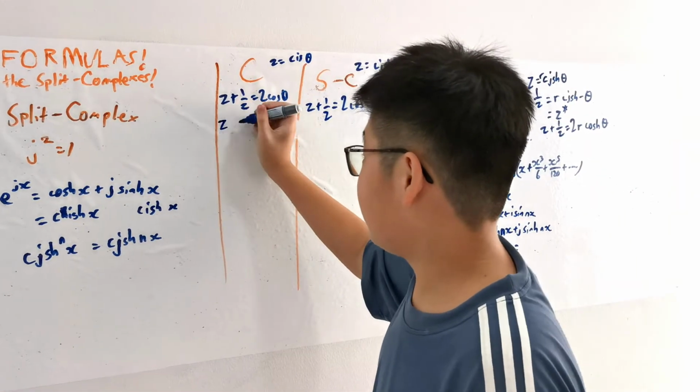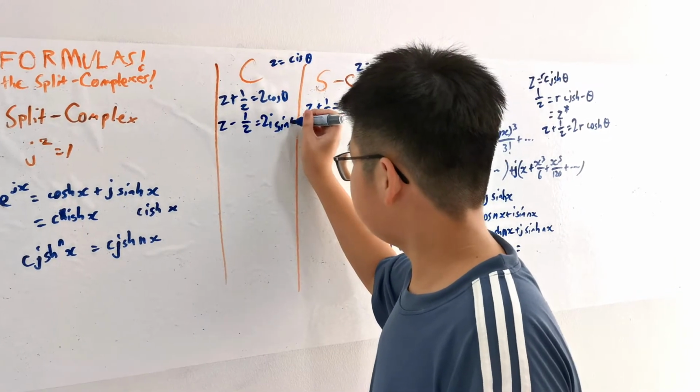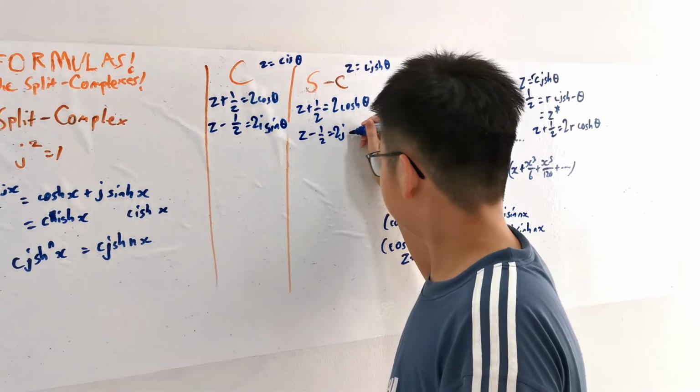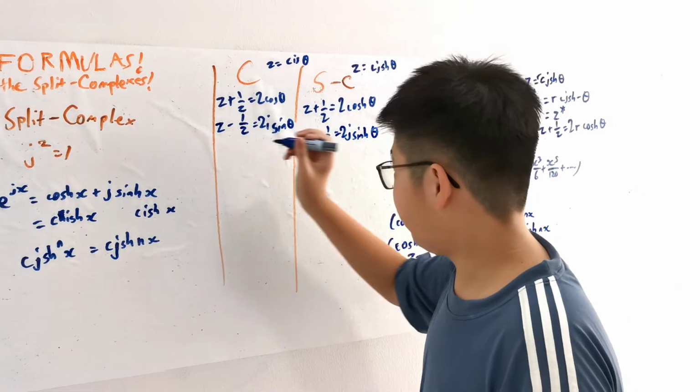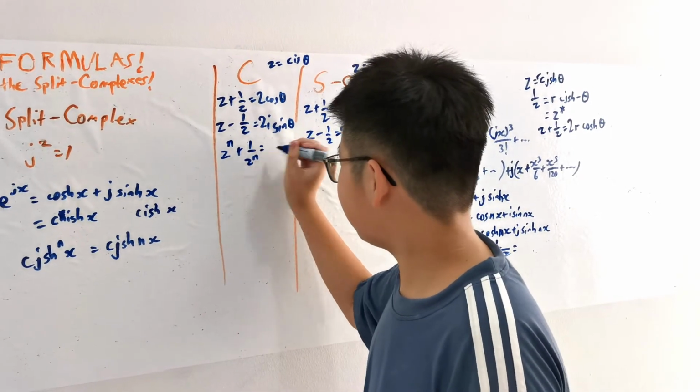We have an analogous formula for hyperbolic sine and sine. And of course, we have the analogous formulas for this.